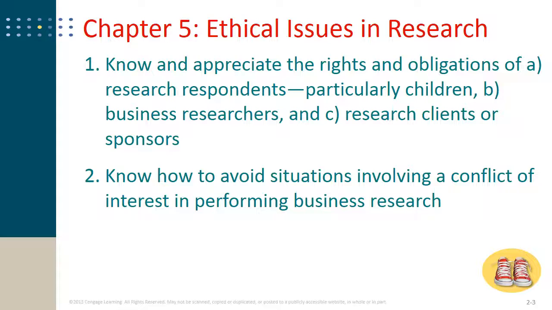We're not going to be testing people with diseases or cures for diseases or anything like that. But still, we need to be sure that we're being ethical, that we're treating our research respondents ethically, particularly if we're dealing with populations that are disadvantaged in some way, like children or the elderly or the disabled.